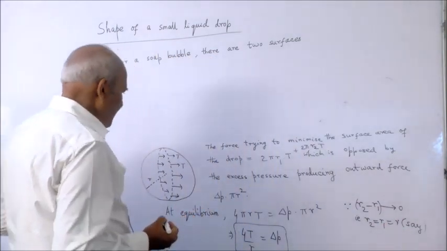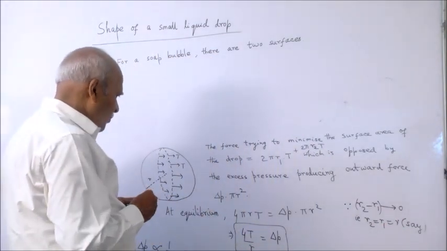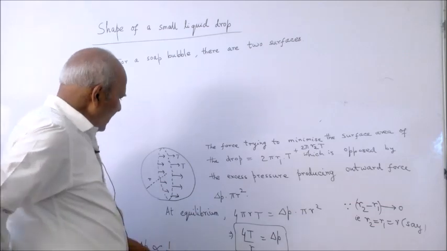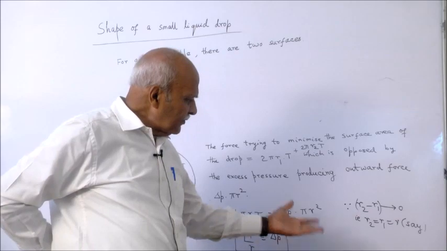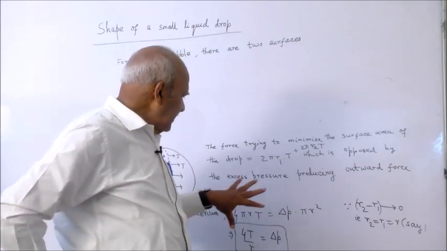So, in that case delta P is equal to 4T by R, and delta P is again proportional to 1 by R, meaning delta P is greater inside small drops compared to bigger drops. So, this is an experimental fact.